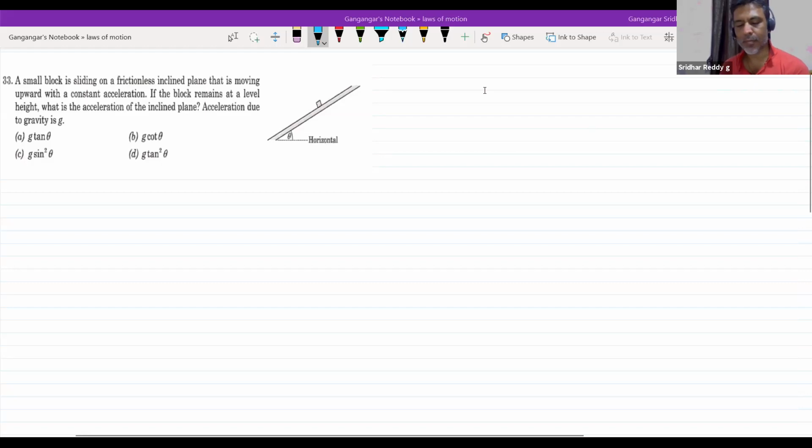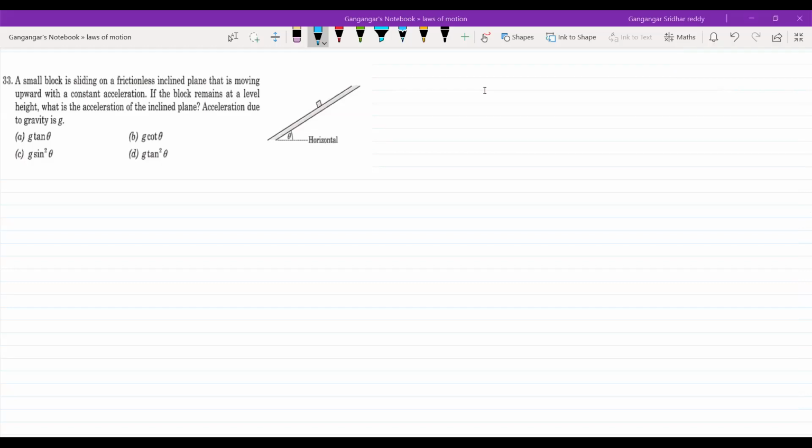I think I made things clear in relative motion. If I say something, it's absolute only. If it is relative, I'll mention it. The basic physics conventions are: the block remains at a level height.